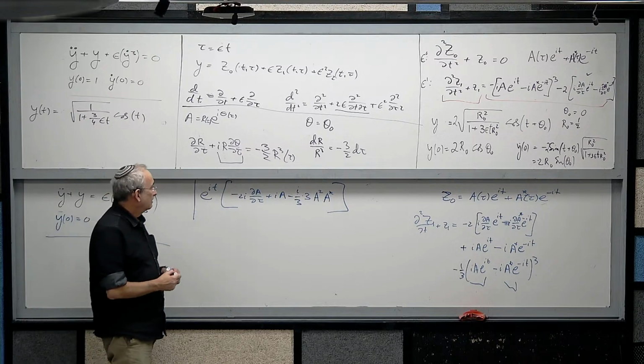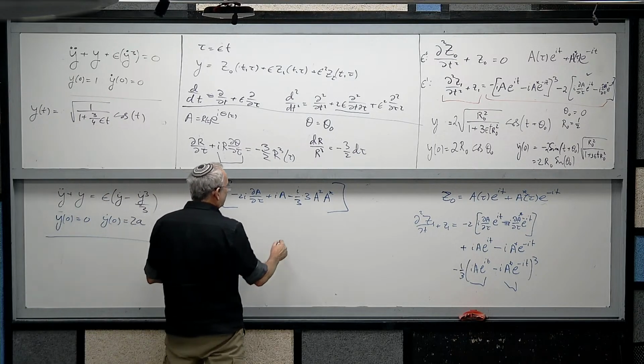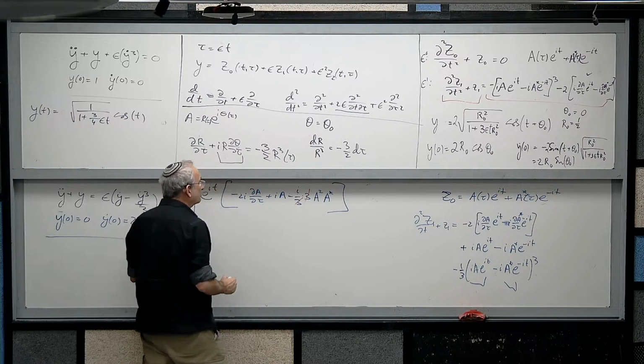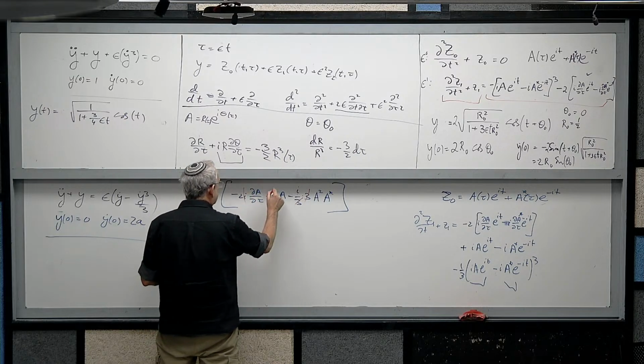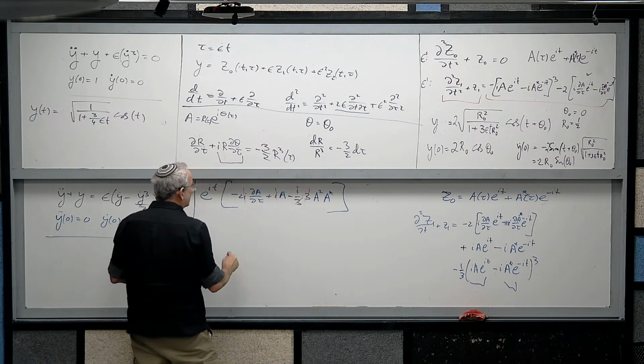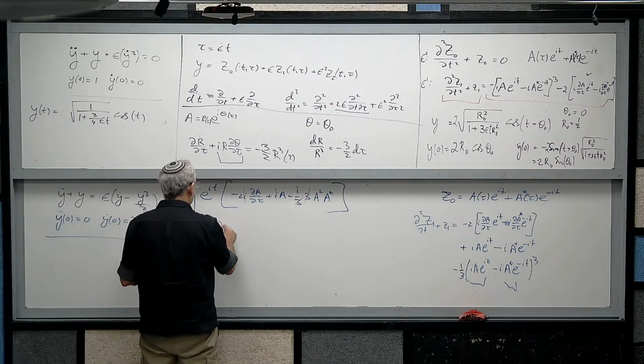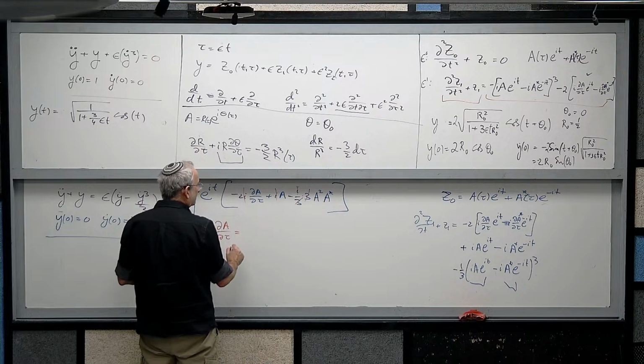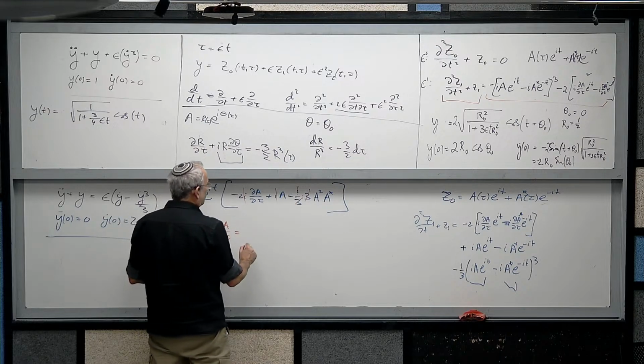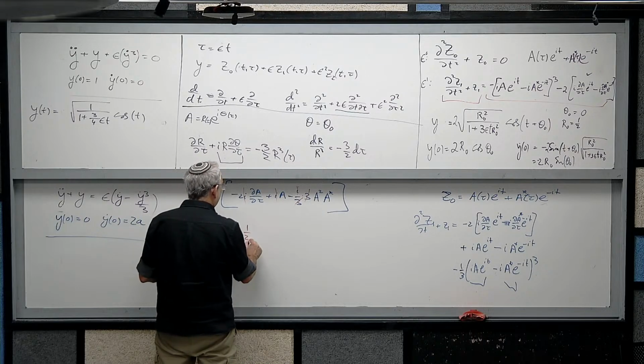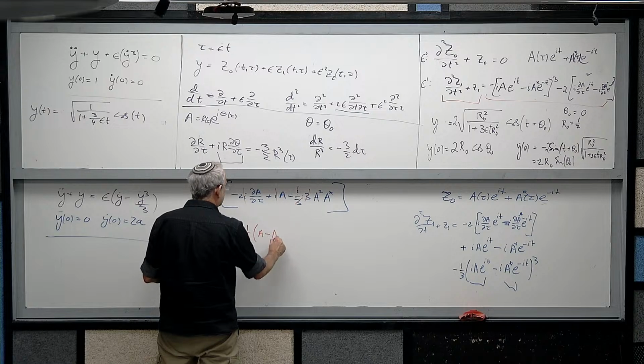Note that the 3 and the 3 cancel out, and the i's are going away. So our equation is dA/dtau equals 1/2 times A minus A cubed.